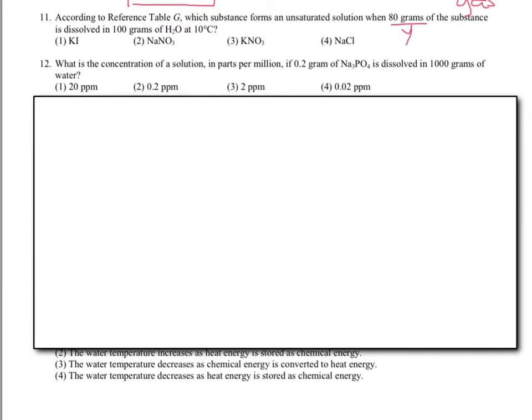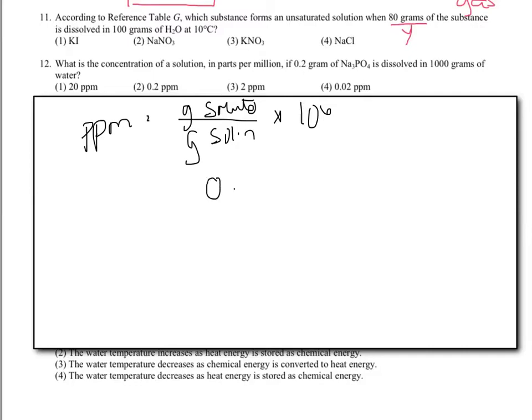For question number 12, we're going to want to use the parts per million equation found on reference table T. Table T states that parts per million is equal to grams of solute over grams of solution times 1 million. So in this case, we are given 0.2 grams of solute and we have 1,000 grams of solution.